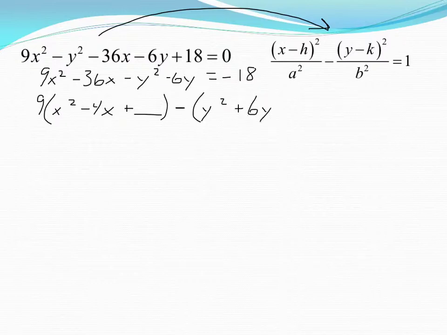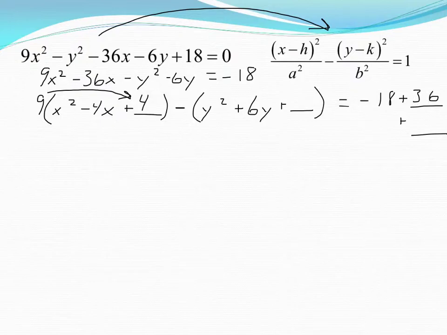Now notice what I just did with the y terms. I actually factored out a -1. That -1 could only cause problems when trying to complete the square, and so I've removed it. Makes life a lot easier. In the first blank we're going to have a 4, but remember that that is 9 times 4, so I'm adding 36 to the right-hand side of the equation. 9 is going in the y blank.